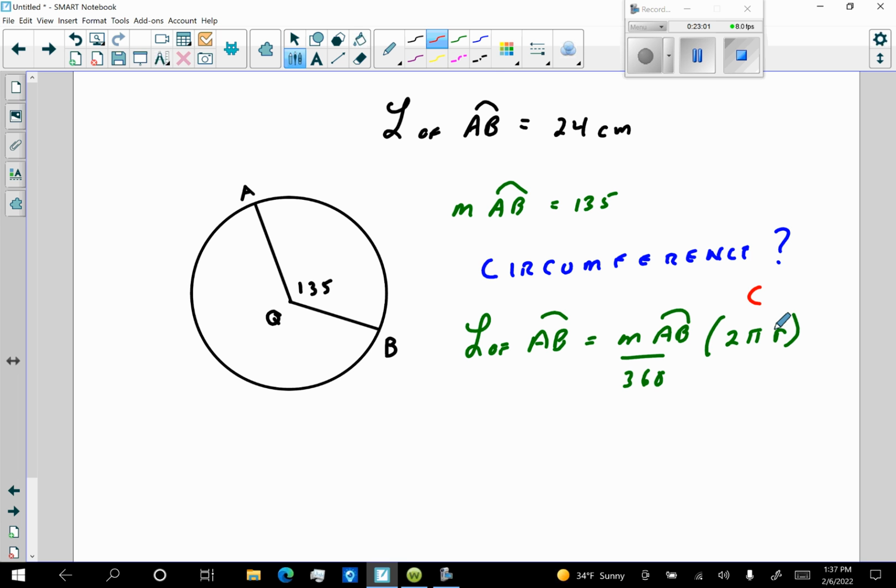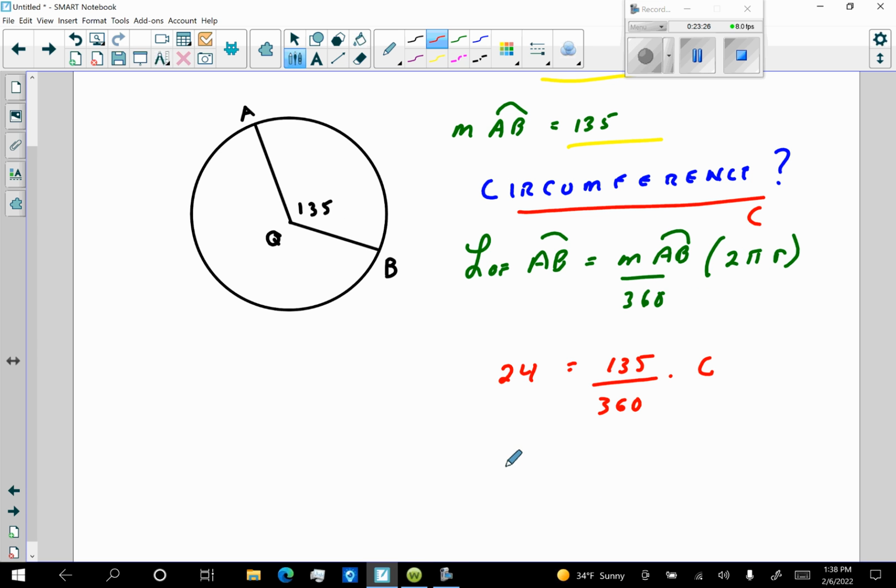So let's just fill in the blanks. We have the length of AB is 24. The measure of AB is 135. So I have 24 is equal to 135 divided by 360 times the circumference. And the circumference is what I wanted to know. So we're going to do a little bit of math here. 135 divided by 360 is 3/8 times the circumference.